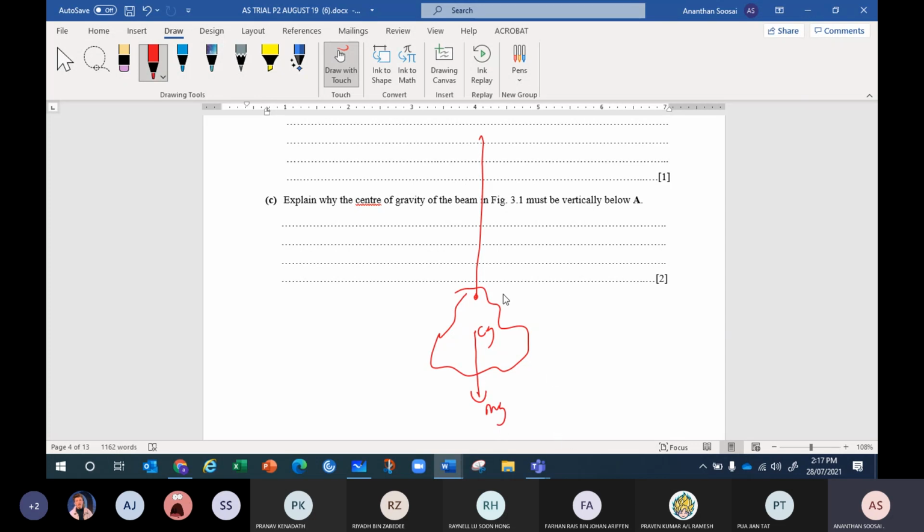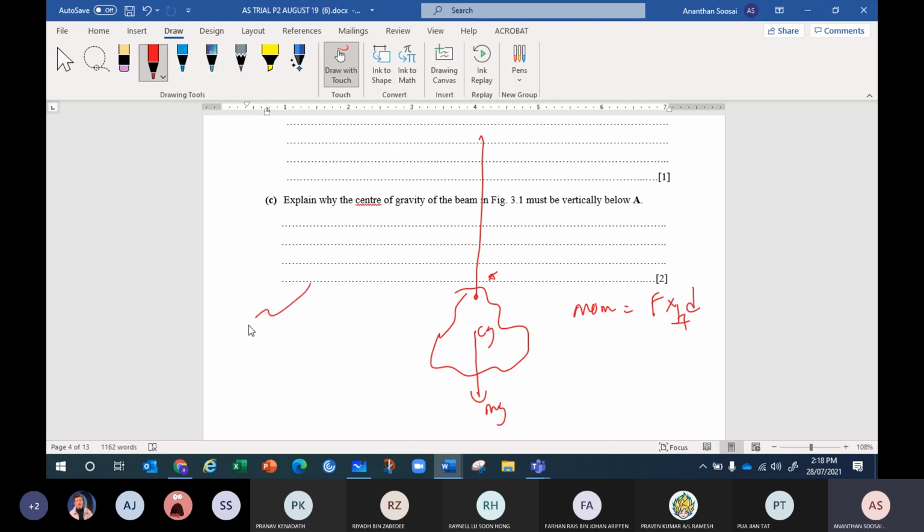So the question, explain why the center of gravity of the beam must be vertically below A. You have to say center of gravity is a point where the whole weight of the body is considered to act. So the center of gravity has to be below the pivot so that the perpendicular distance is 0. Because what is moment? Moment is the force times perpendicular distance, right? Perpendicular distance from the pivot.